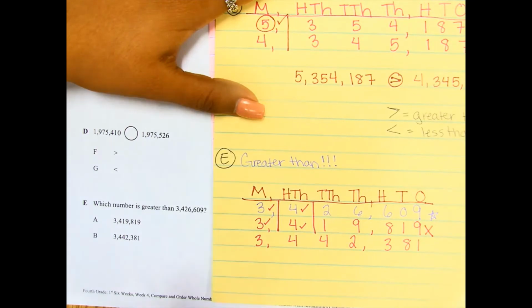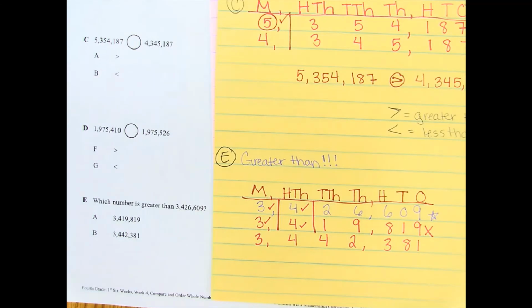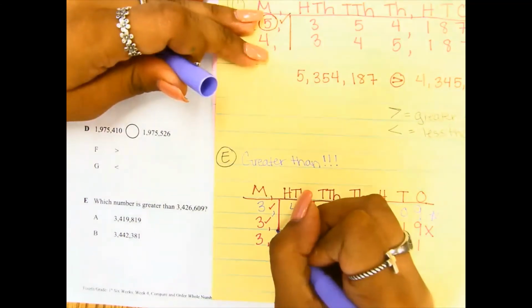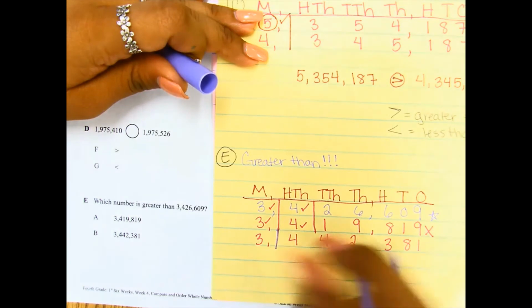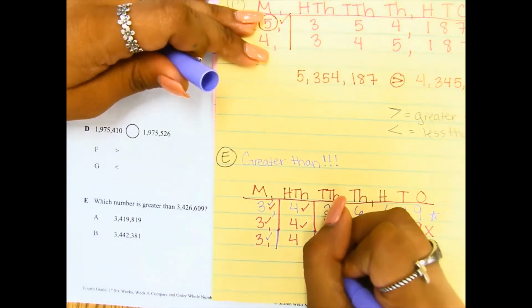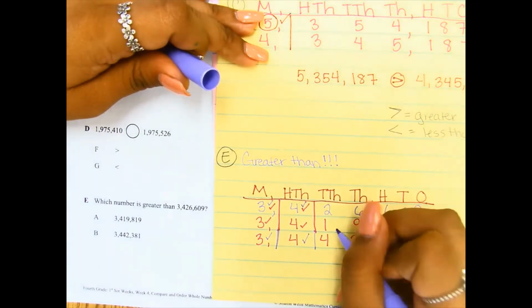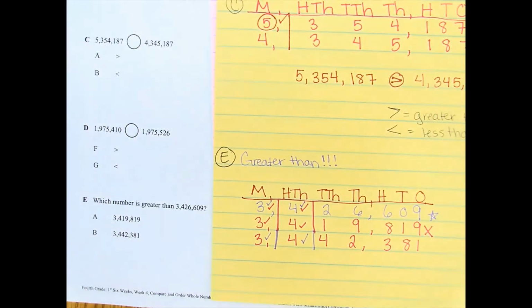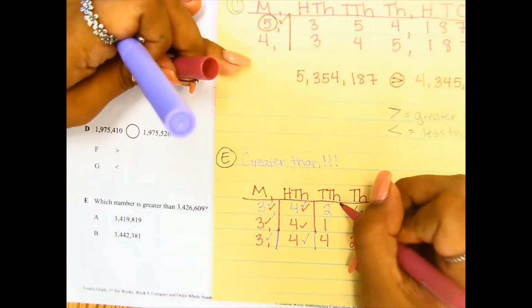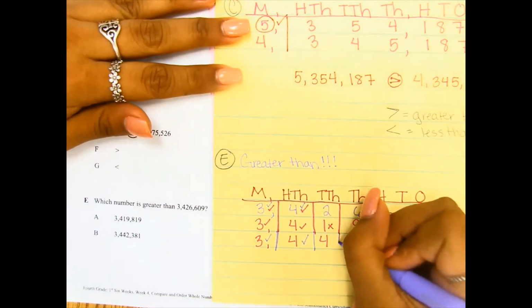So now I'm going to compare my next one. Now I'm going to compare my top number with my bottom number. So 3, 3, those are equal. 4, 4, those are equal. Doesn't help me distinguish. Now let me first draw a line here. So now I'm going to compare my 2 and my 4.